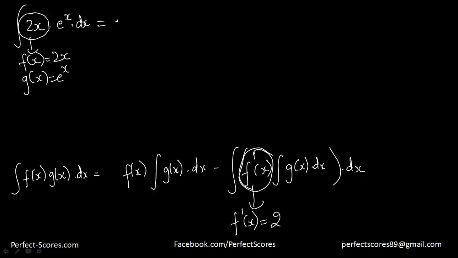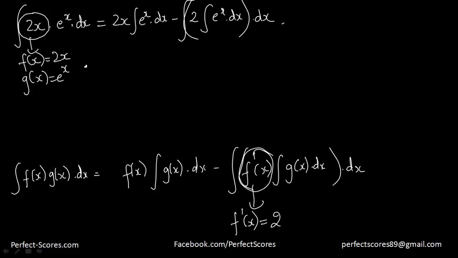So this will become f of x into integration of e to the power x dot dx minus integration of the differentiation of 2x, which is 2, into integration of e to the power x dot dx and the whole dx. So this is going to give me 2x into e to the power x, because the integration of e to the power x is e to the power x, minus 2 into integration of e to the power x dot dx.